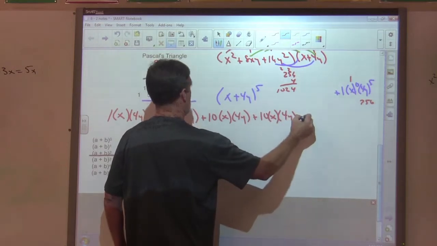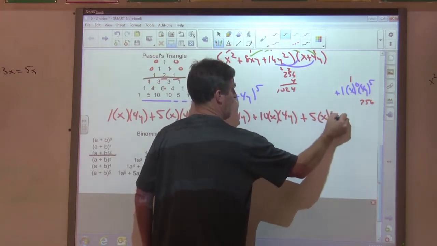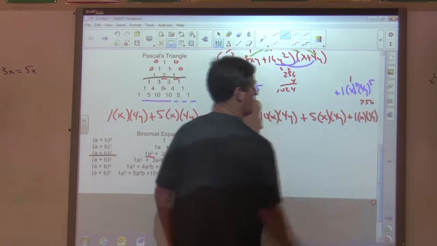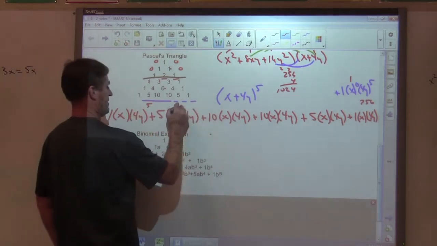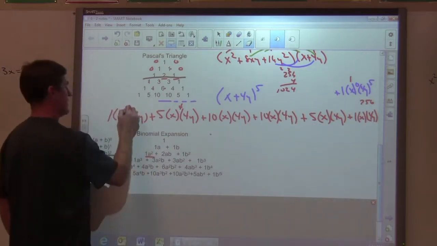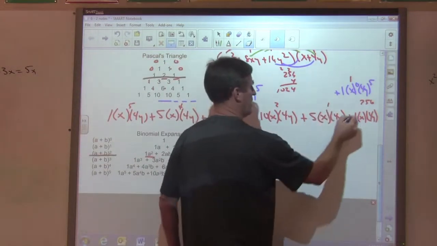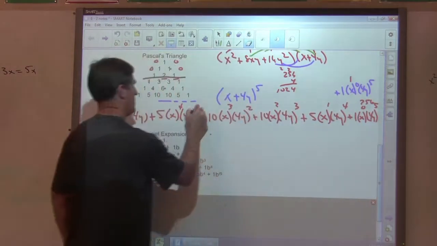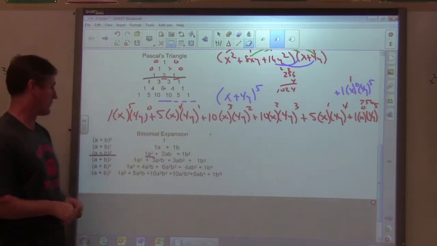It's a good idea to put the parentheses in even if we don't need them, so that when we do need them, we're just in that habit. Then all I have to do is start with the highest power, 5, 4, whoops, 5 on the x. So start with my first term, 5, 4, 3, 2, 1, 0. Then work backwards, 5, 4, 3, 2, 1, 0. Is a way to get that filled out. Whatever works best for you.